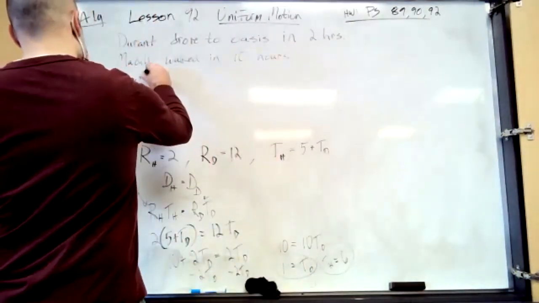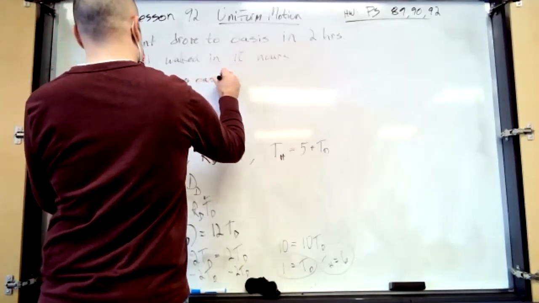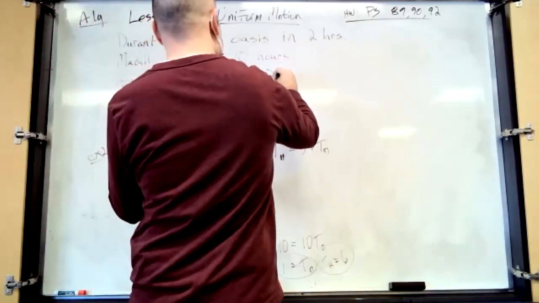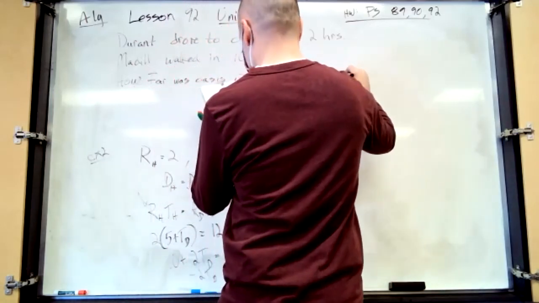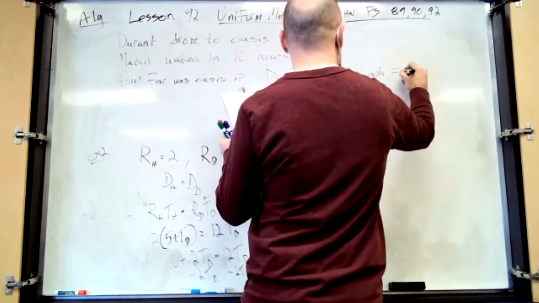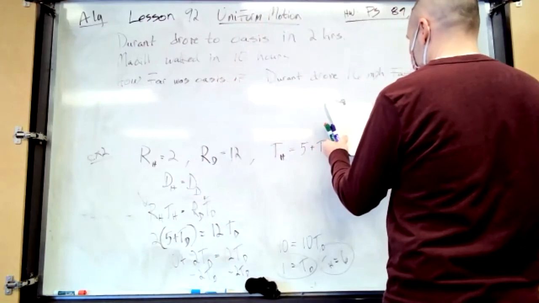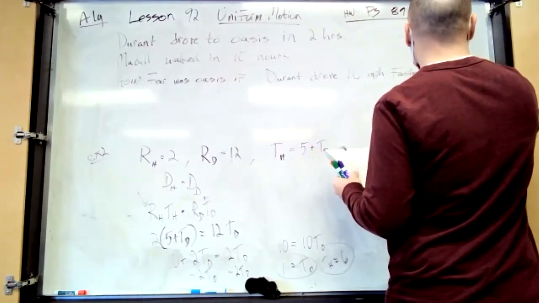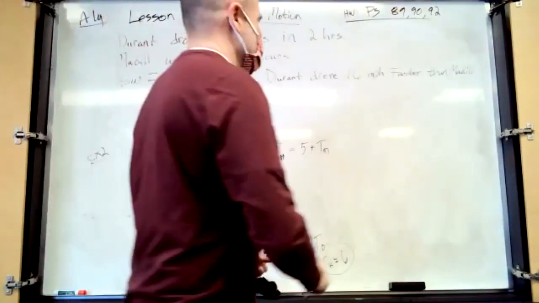Okay, how far was the oasis if Durant drove 16 miles per hour faster than Medill walked? Okay, so that's the question.